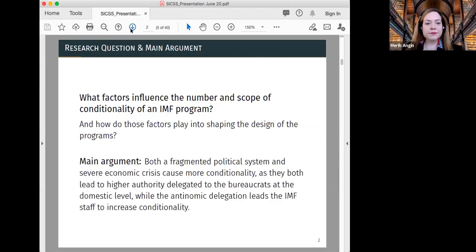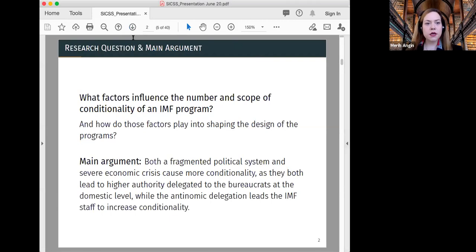So in my research, I challenge this common belief that the strategic allies of the US are always favored by the IMF, whereas it is the IMF staff who has the main leverage over the design of conditionality when low-income countries are borrowing from the fund. And I argue that what we observe in reality is that the difference between these two cases is more subtle than expected.